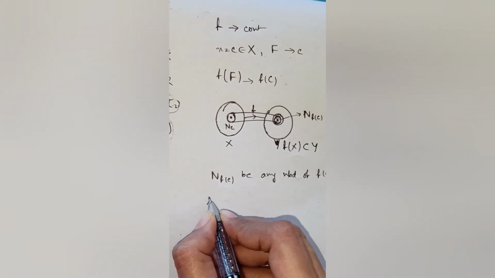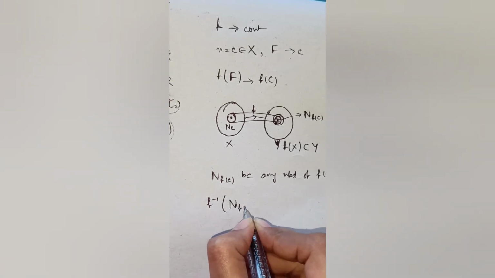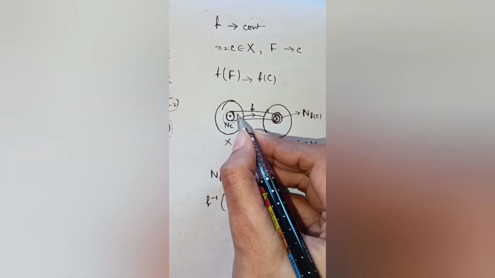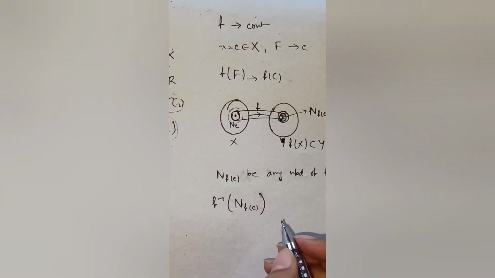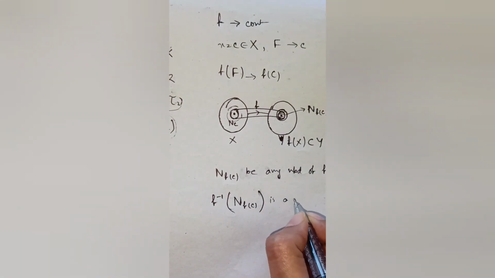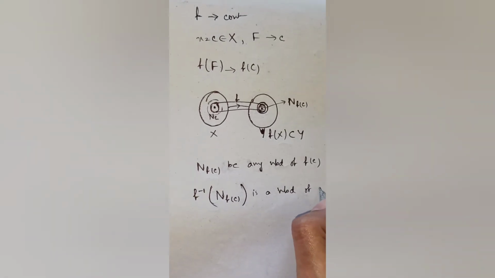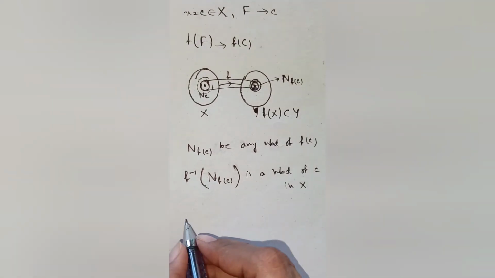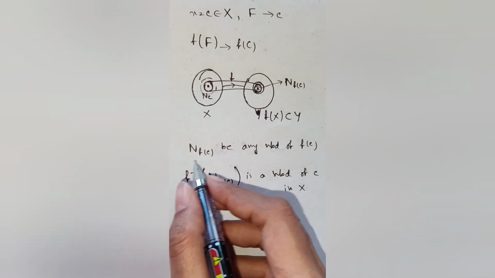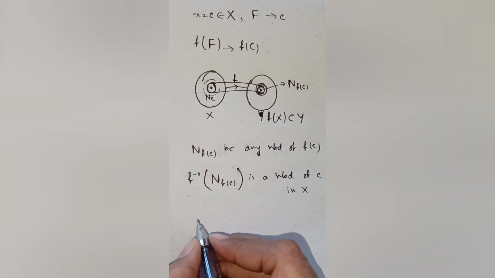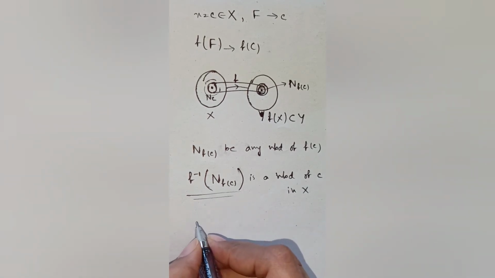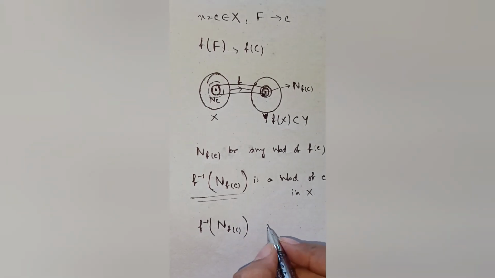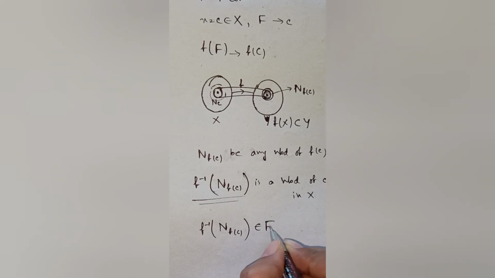Then by continuity, f inverse N of f(c) is a neighborhood of c in X, and the filter capital F converging to c means every neighborhood of c is an element of F. That means f inverse N of f(c), being a neighborhood of c, belongs to F, the filter.